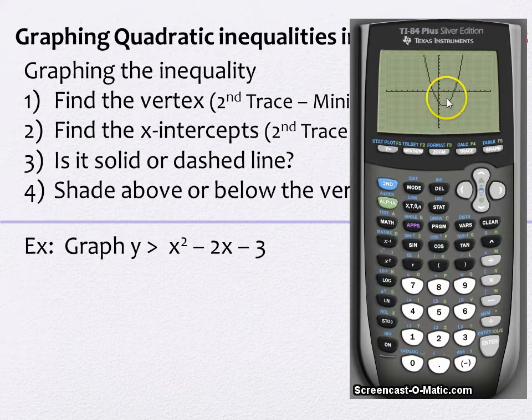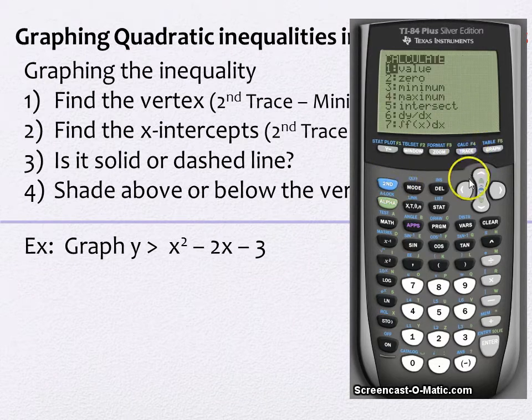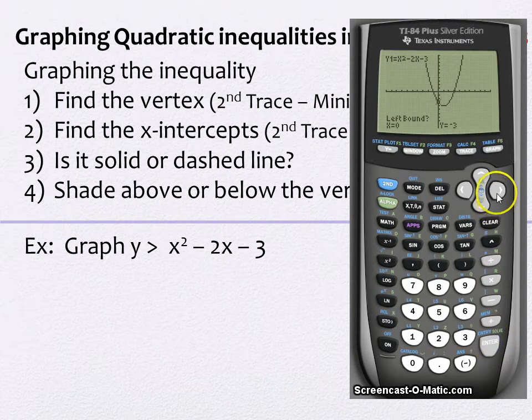We notice that the vertex is a minimum point here, so let's use our second trace, minimum, enter, and this is where we want our cursor as close as we can to the min point. We want to be left of it, enter, and try to get to the right side of that minimum point, enter. One more time gives us our minimum point. So here we have a minimum point at 1, -4, so that's our vertex.